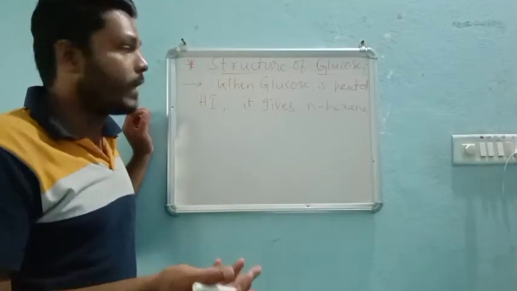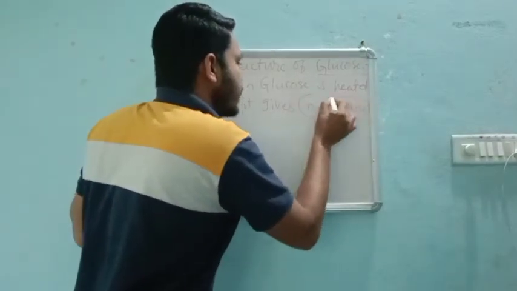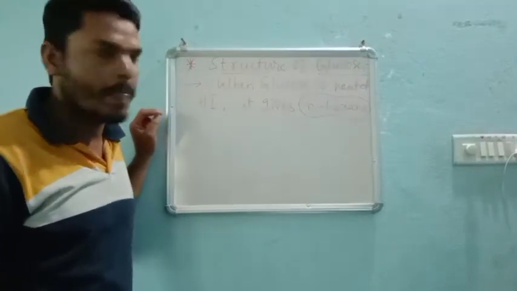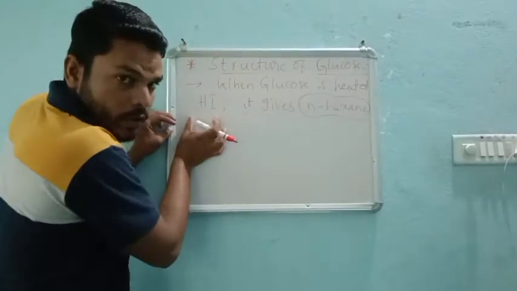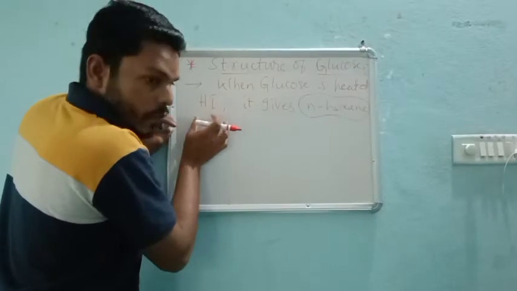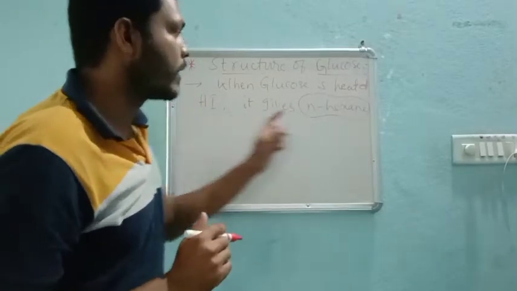Next point: the formation of n-hexane, what does it indicate in the structure of glucose? That is what we need to study. The formation of n-hexane after reacting with hydrogen iodide, right? So when we take glucose with hydrogen iodide, definitely we get n-hexane.